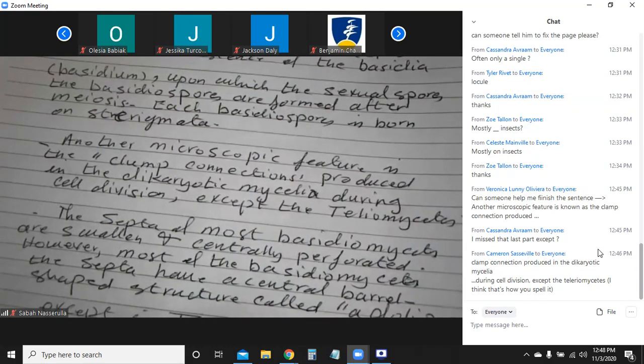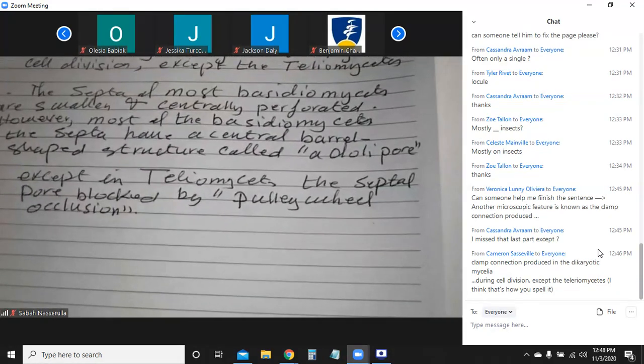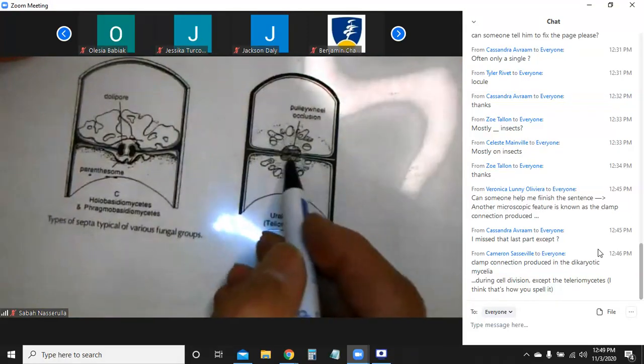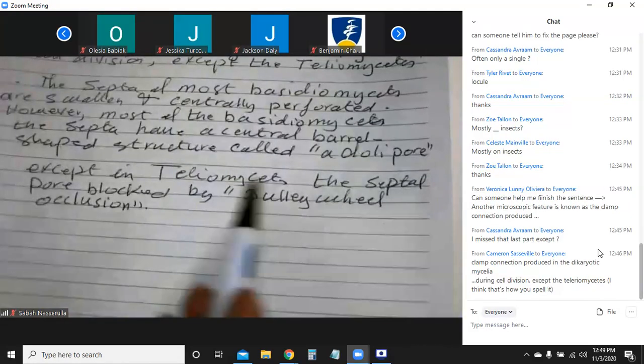Could you look at the page? Okay, thank you. Occlusion, because it looks like this one here. You see now? Just give me a second before I end, but you can see it here. That is in teleomycetes. This is the pore, covered like this, and that we call occlusion.